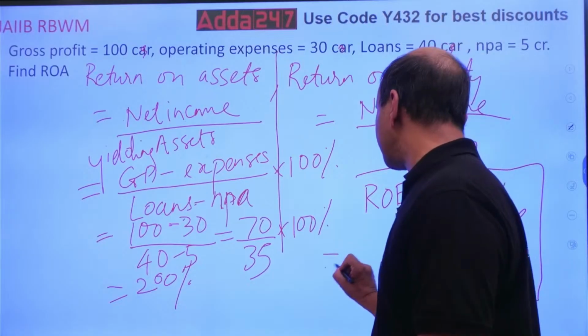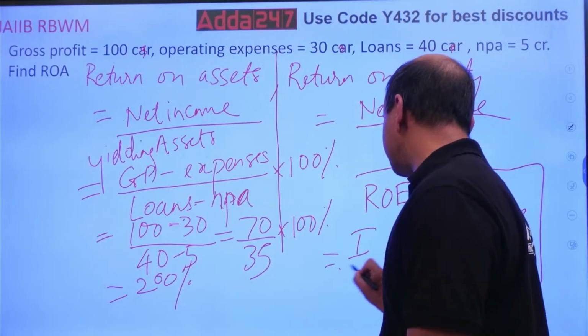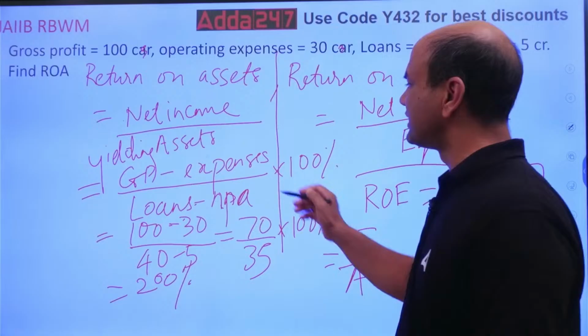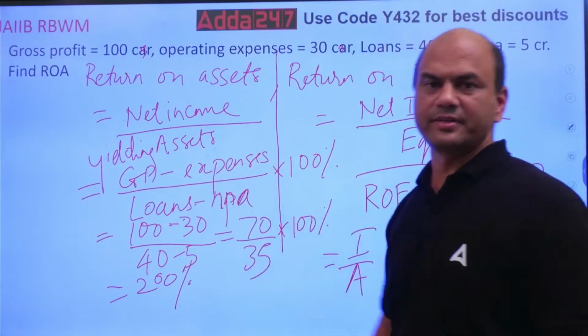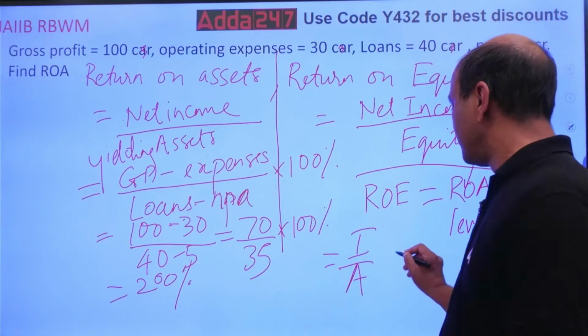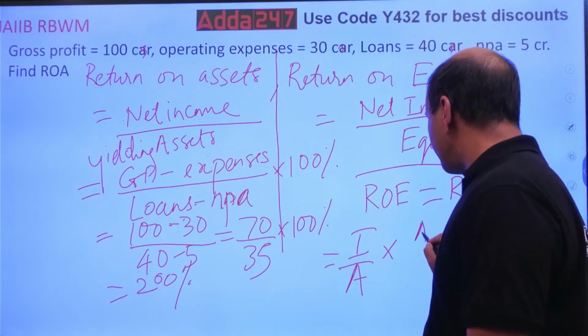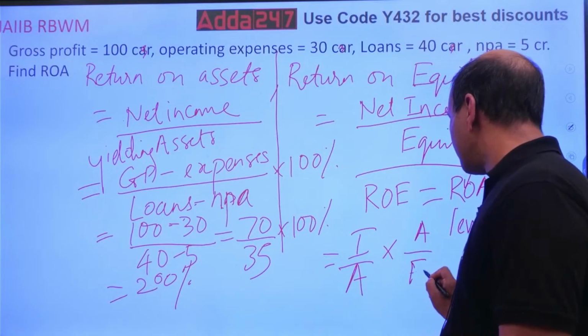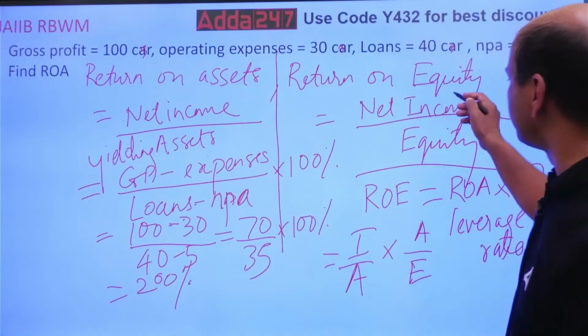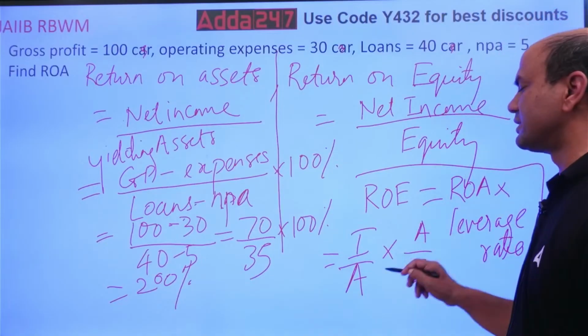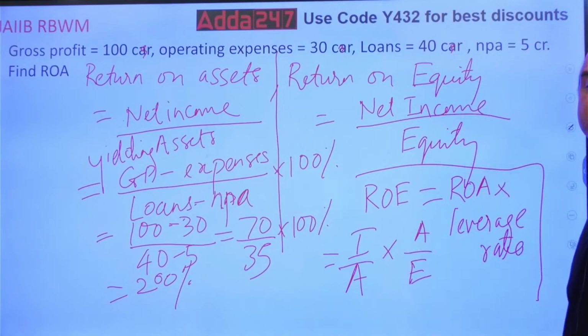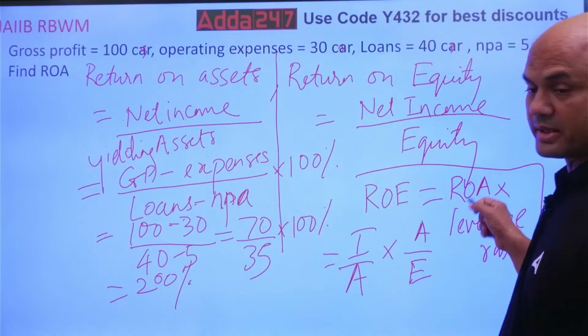So income upon assets into assets upon equity. The assets get cancelled, so you get income upon equity. This can also be asked in the exam.